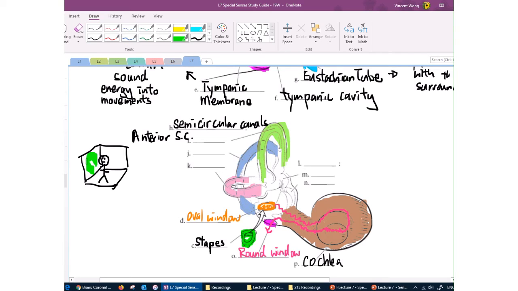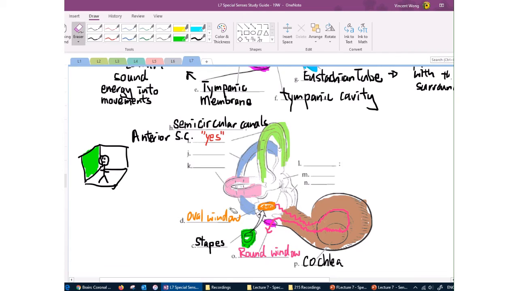Okay, and so anytime you nod your head as in saying yes, then the fluid in the anterior semicircular canal is going to move, and there are hair cells at the base that would detect those motions. So the anterior semicircular canal is going to be stimulated by your head nodding, okay, saying yes.